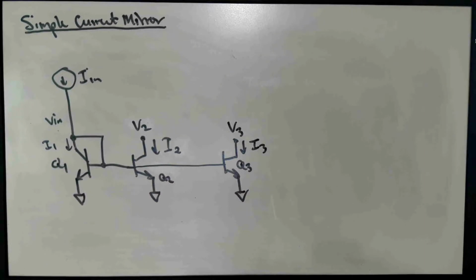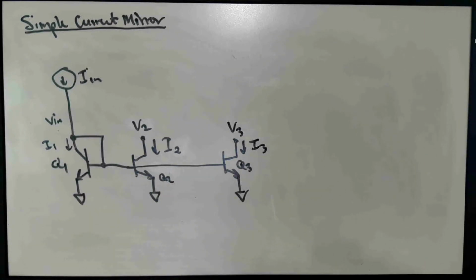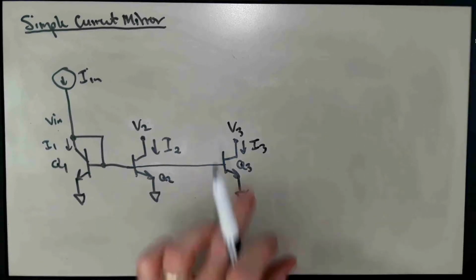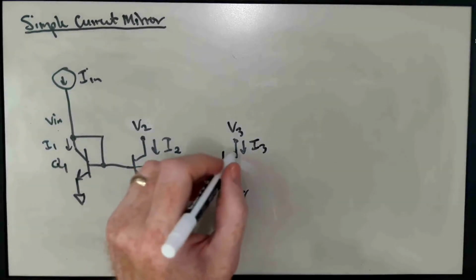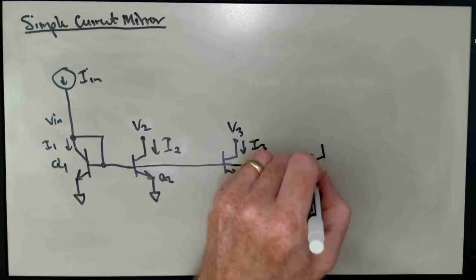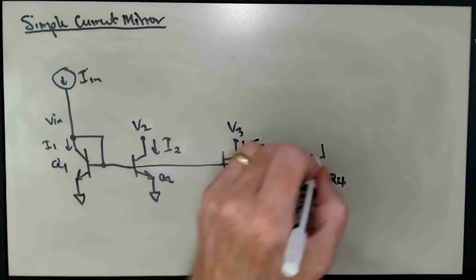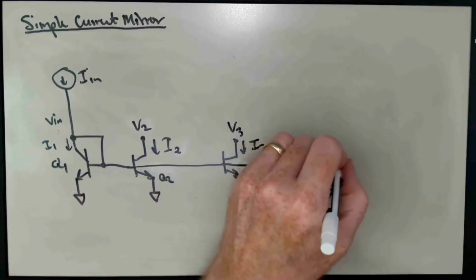There's no reason why we couldn't do that. And so if we can make one copy, we could make two copies. Or we could make a Q4 here and make a fourth copy.